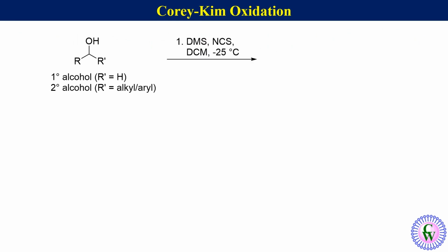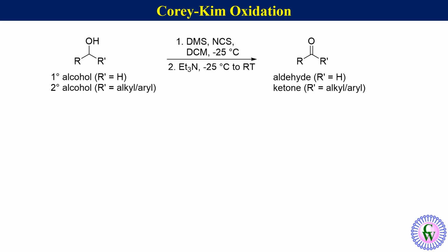In this reaction, a primary or secondary alcohol reacts with an intermediate in situ generated by the reaction between dimethyl sulfide and N-chlorosuccinimide at minus 25 degrees centigrade in dichloromethane or THF or toluene, followed by reaction with triethylamine at minus 25 degrees centigrade to room temperature to produce aldehyde or ketone.